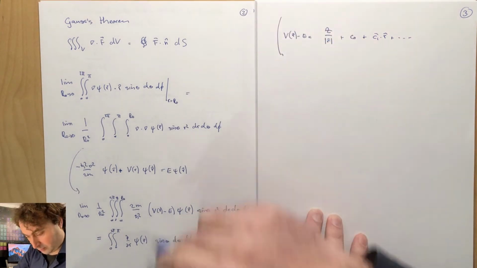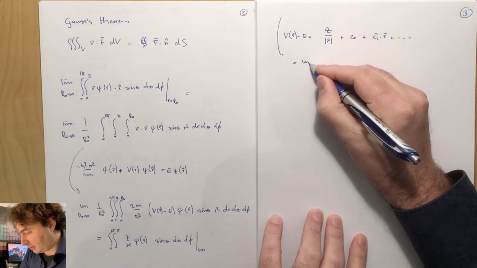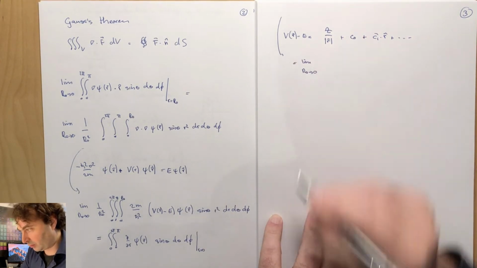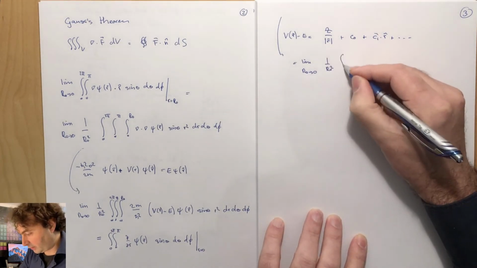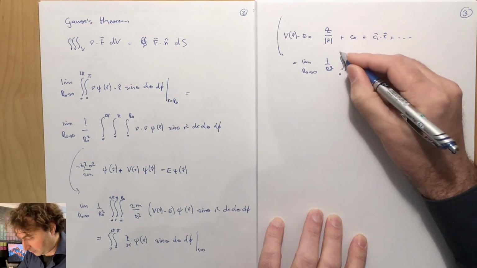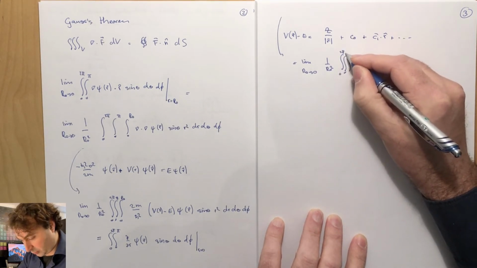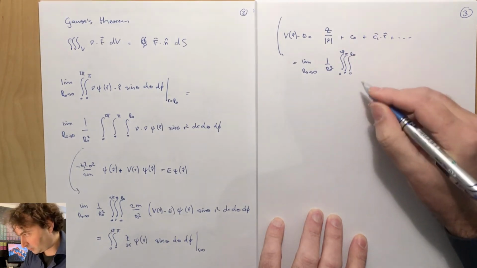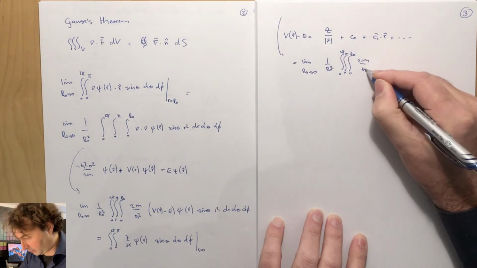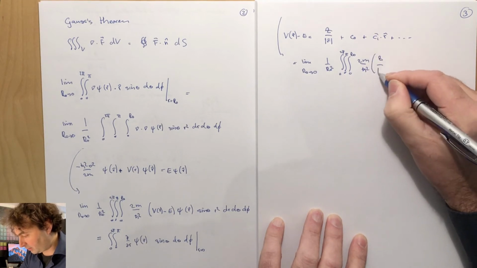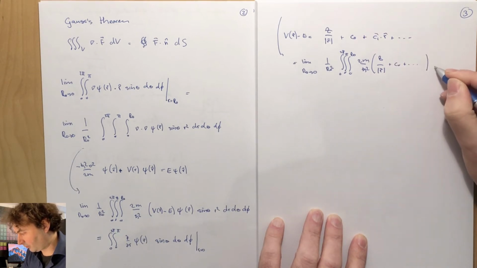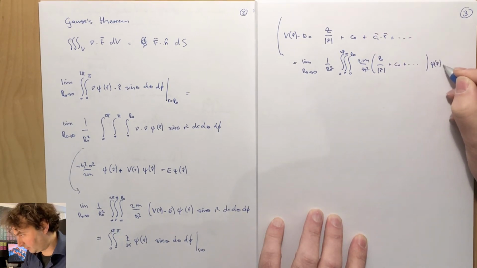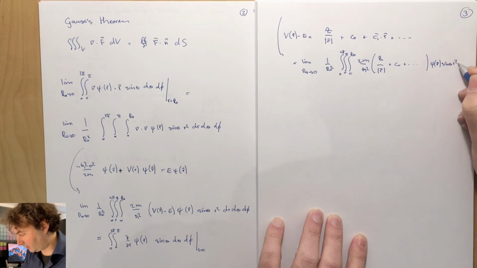So coming back, this is the limit of R0 to 0, 1 over R0 squared, and then our triple integral, 0 to 2 pi, 0 to pi, 0 to R0 of 2m over h bar squared, z over r, phi of r, sine theta r square dr d theta d phi.